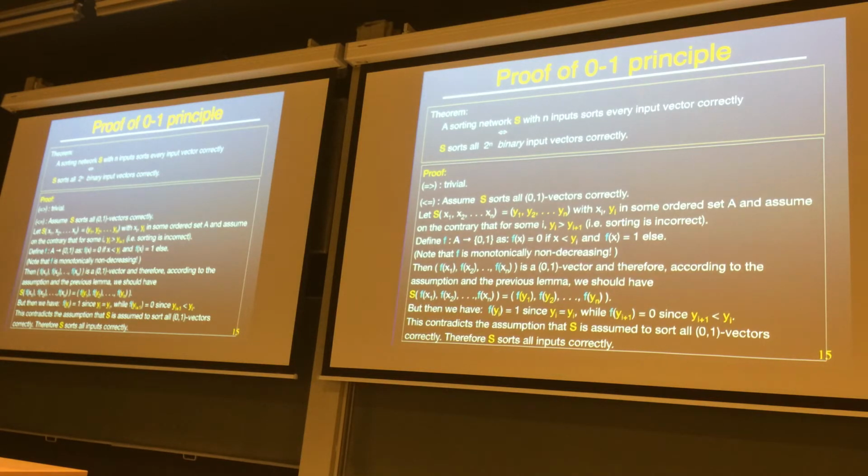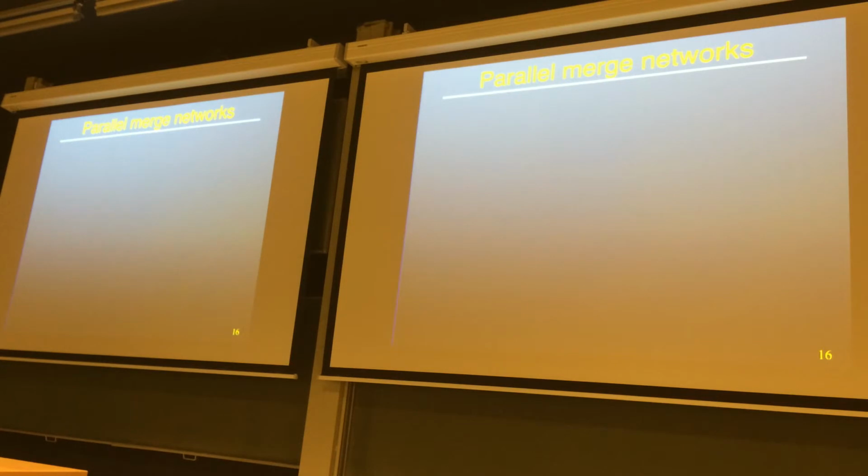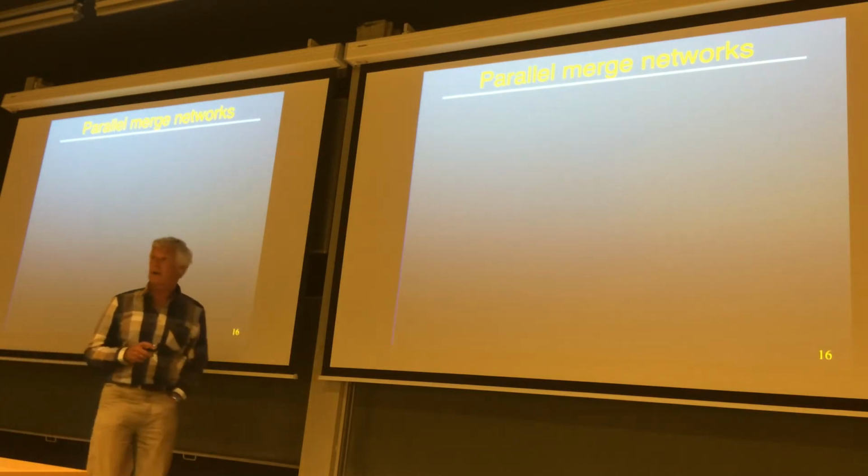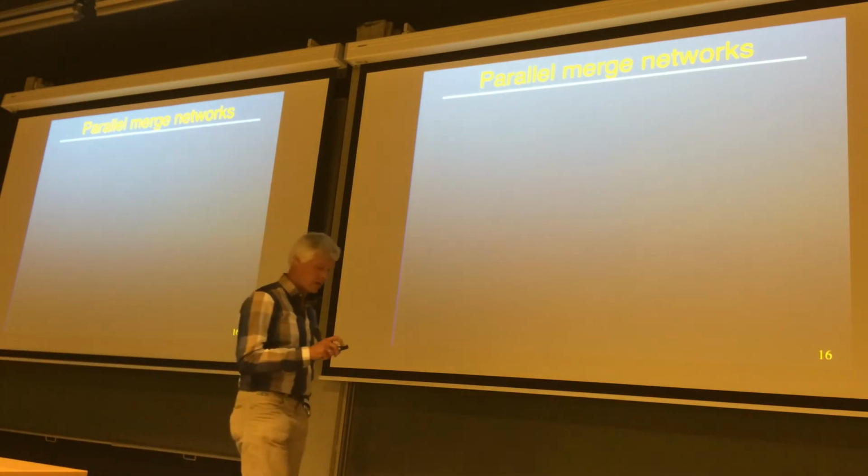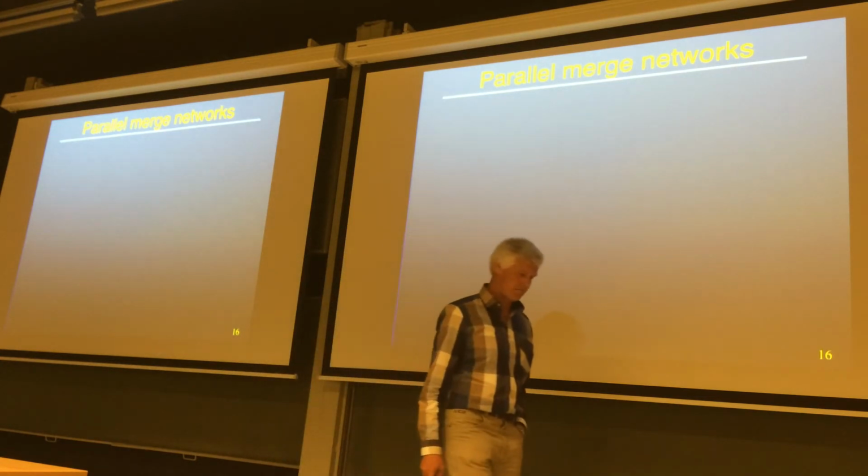And this is a very famous principle. It was invented 70 years ago in a completely other domain, but it can help you enormously in proving some of these more complicated networks to be correct. And I will show you in a minute how we can apply it.